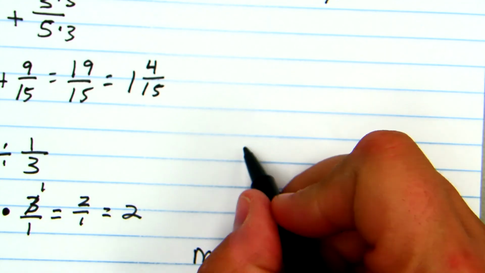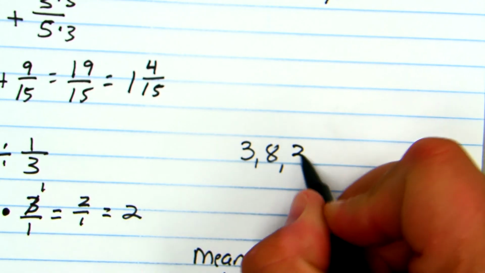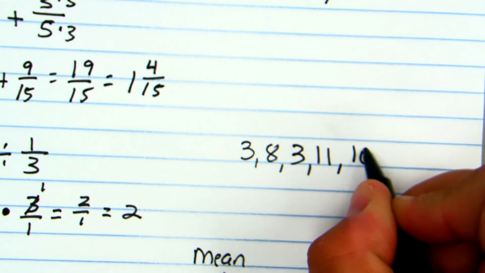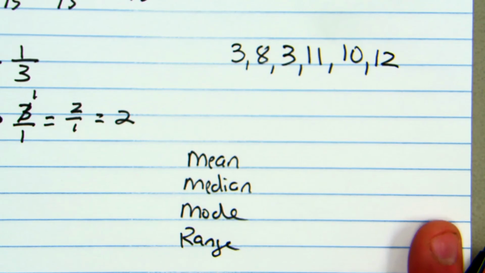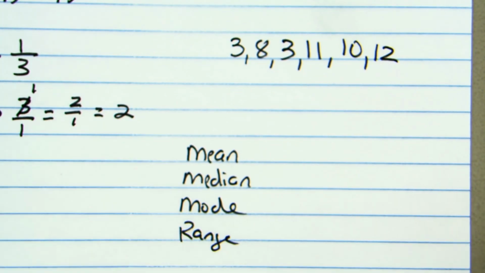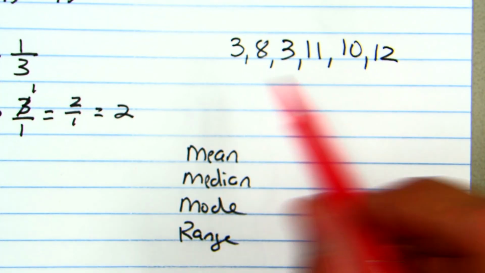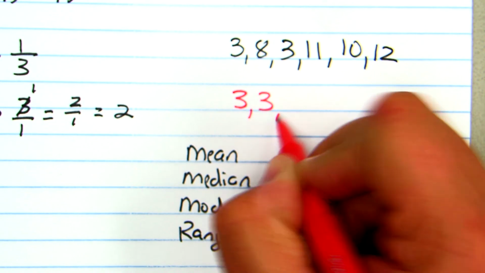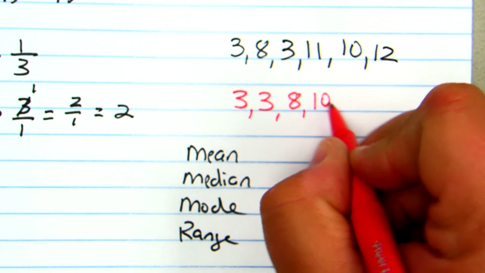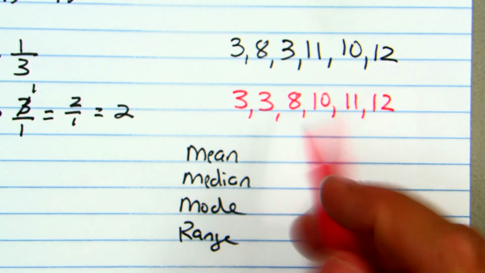If the data were, say, 3, 8, 3, 11, 10, and 12, just throwing some numbers out there. The first thing we always need to do is reorder the data so that it is going from least to greatest. So it would be 3, 3, 8, 10, 11, and 12.